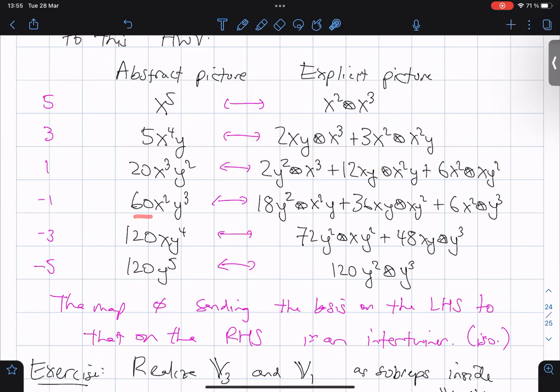So 60, 20, 120. Here it's 18, 36, and 6. But notice that when you add all these up, 6 plus 36 is 42, plus 18 is 60. Yeah, it's matching up with that. 48 plus 72 added up, that's 120. That's no coincidence.